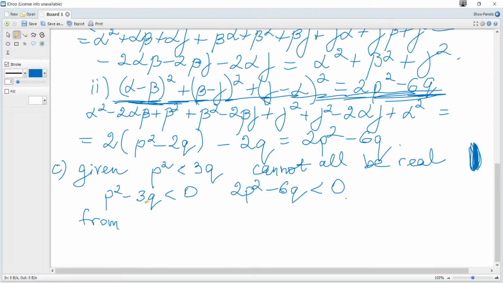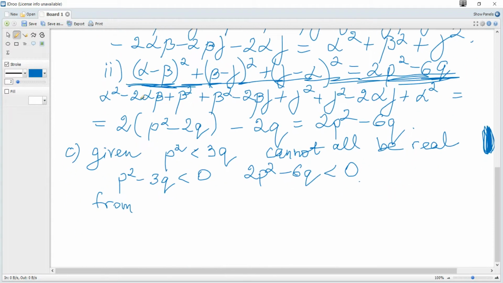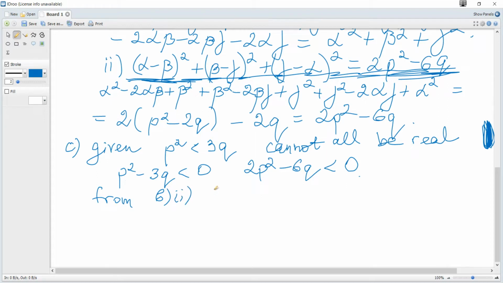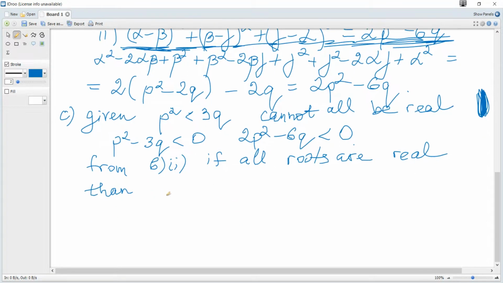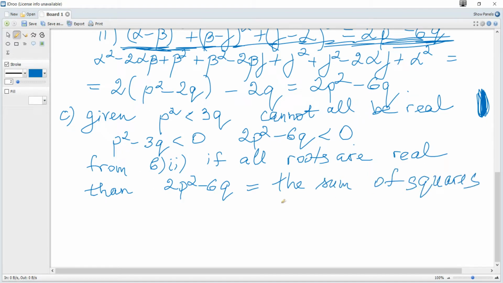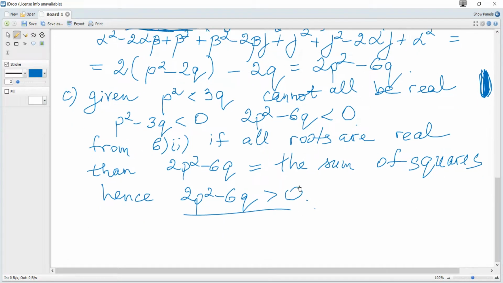And from B ii, if all roots are real, then 2p squared minus 6q is the sum of squares, and hence 2p squared minus 6q must be greater than 0.